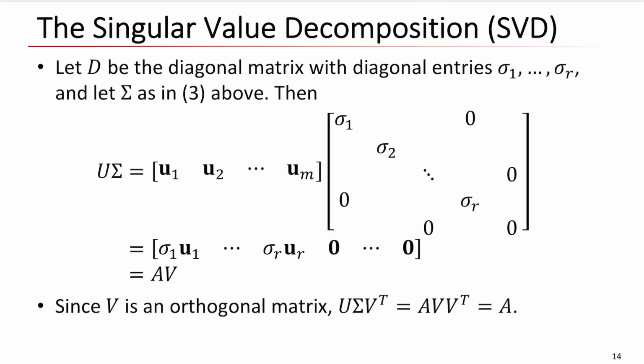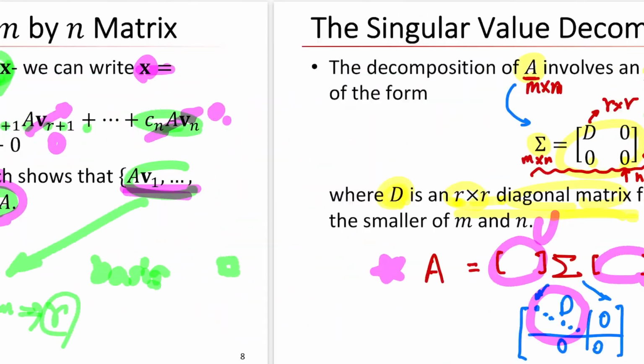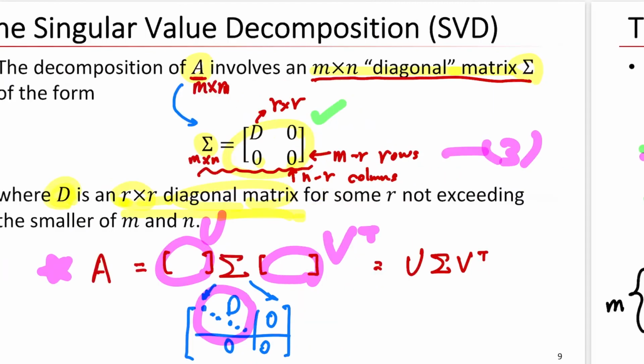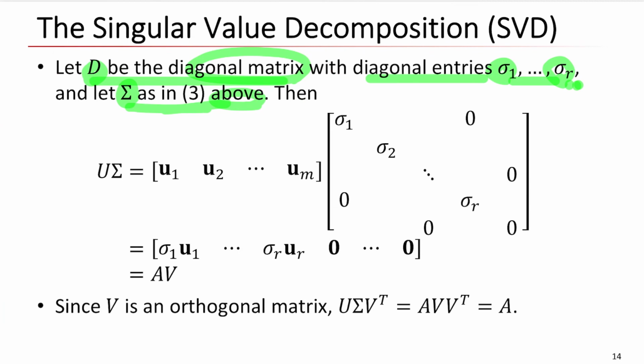And let's say the matrix D is the diagonal matrix with the diagonal entries sigma 1 through sigma r, and sigma is defined above, similar to here, right?